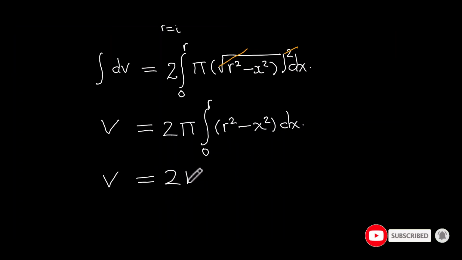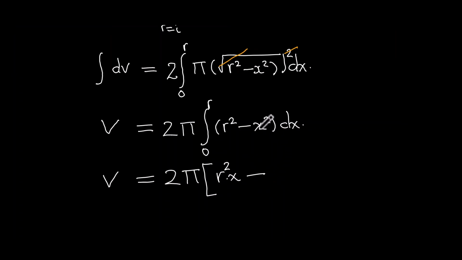So we have twice pi, and since it is a definite integral, we need a square bracket here, and the first part here we have r squared multiplied by our x, minus. The integral of x squared is raising the power by 1 from 2 to 3 and dividing by our new power, and that is 3. Then from the lower limit 0 to upper limit r.